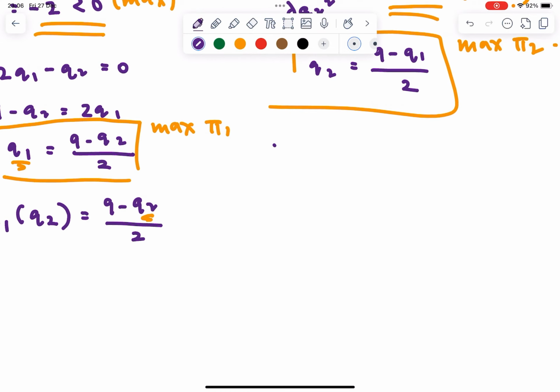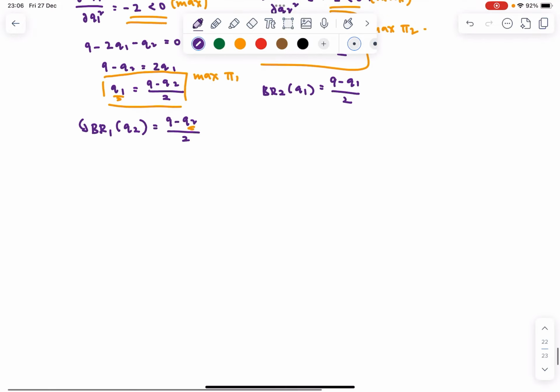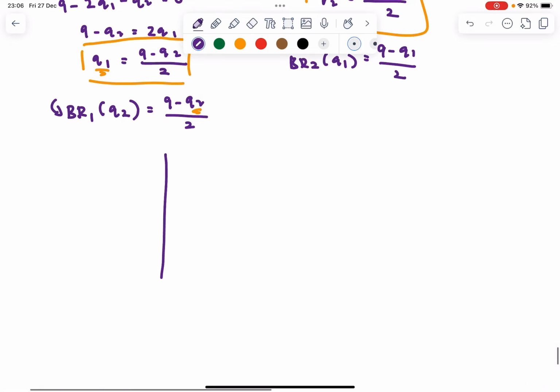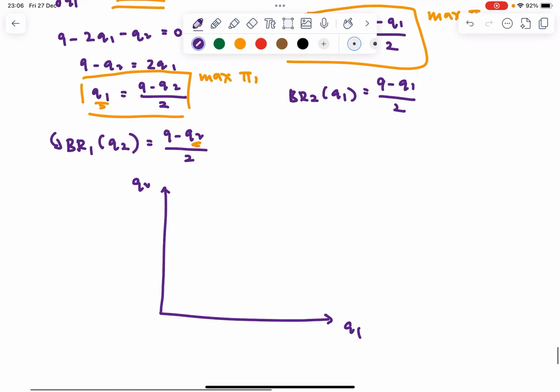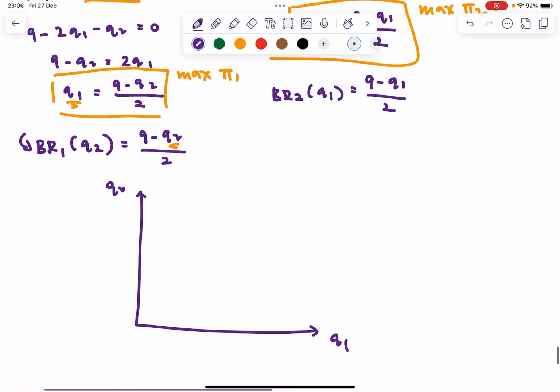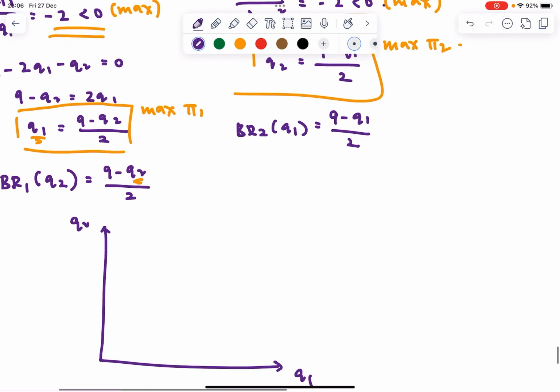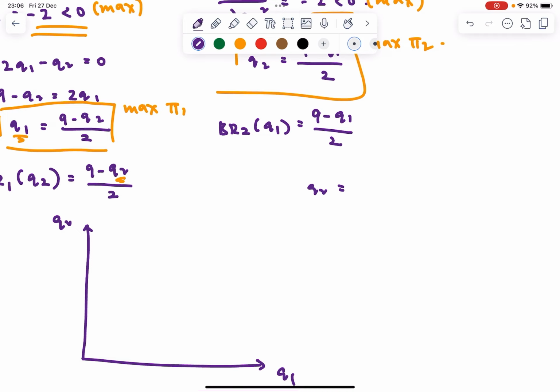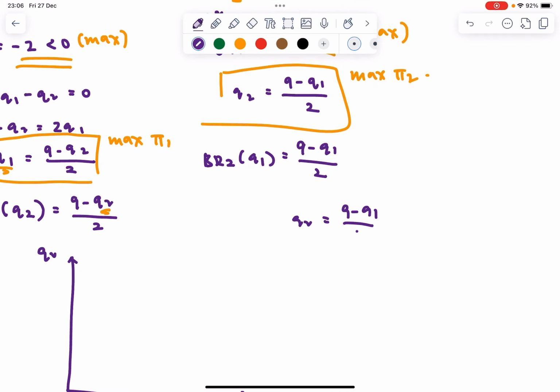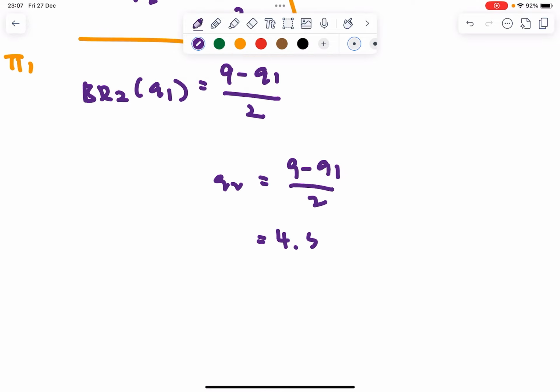And the same thing, we get that the best response for firm 2 as a function of Q1 is nothing more than 9 minus Q1 over 2. Okay, so let's say we sketch the graph now. We have a graph like this, where we have Q1 here and Q2 here. So for firm 2, we get Q2 equals 9 minus Q1 over 2, which is 4.5 minus half Q1, right?